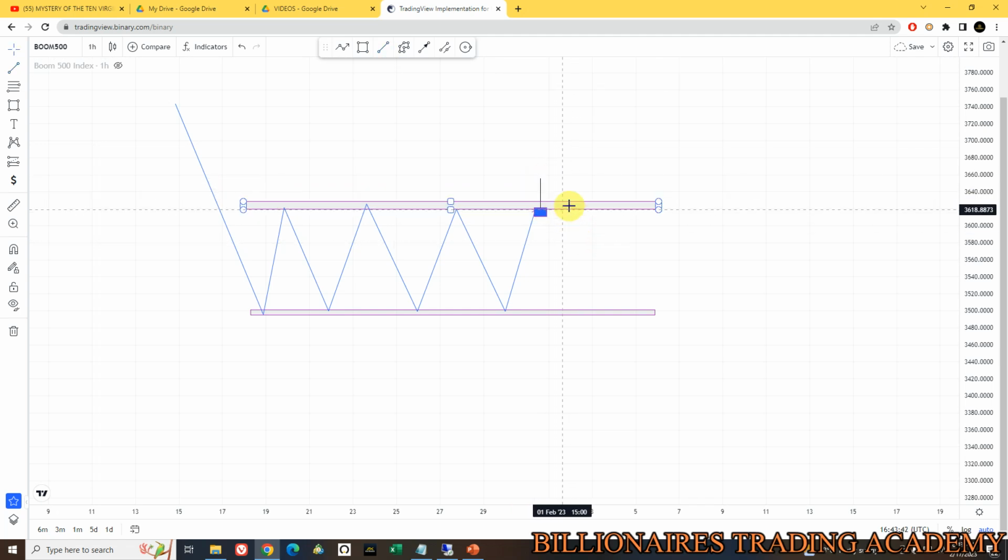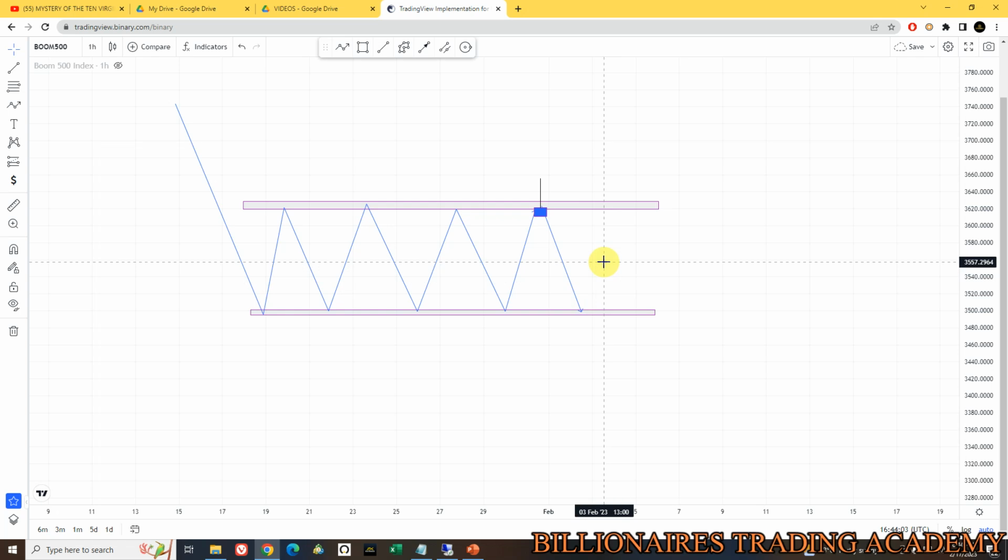This candlestick, ladies and gentlemen, is a reversal candlestick. So once price reaches a resistance level and gives you this candlestick, it now stands as your confirmation for a sell entry. So you would now take a sell. So this is how you combine support and resistance together with candlestick patterns.